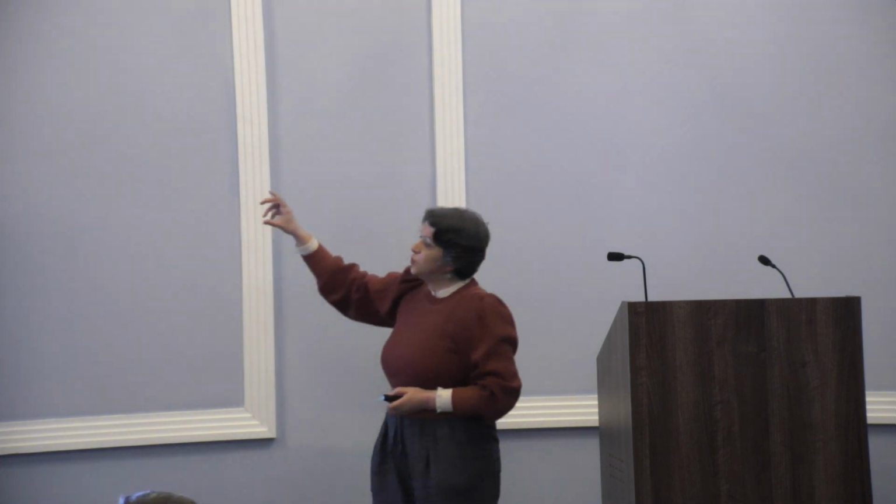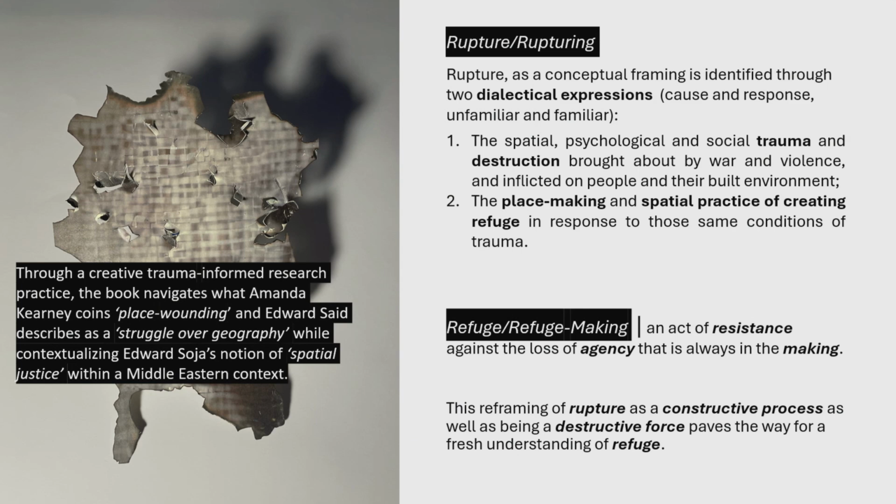So I mentioned this word rupture, but the book actually starts with an explanation of what rupture is and what refuge-making is. This is what I tried to frame. In order for architects to make something, they have to break something.